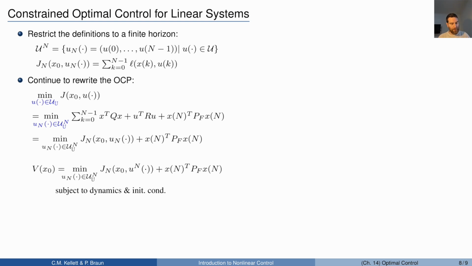Then we can continue to rewrite the optimal control problem from the previous slide, where we started with the cost function without the index N, meaning from 0 to infinity. With the derivations from the previous slide, we can rewrite that as an optimization problem only optimizing the first components and having these terminal costs, giving us the costs to drive the state x_N to 0 once we have reached the set X_f.